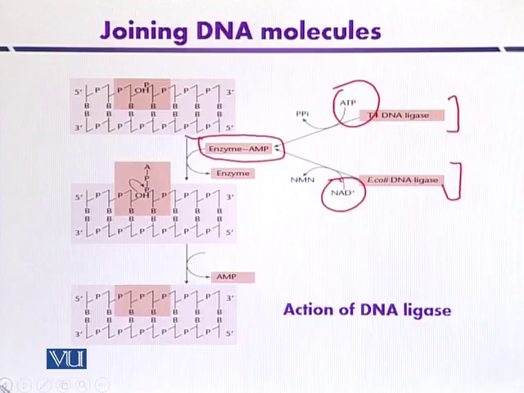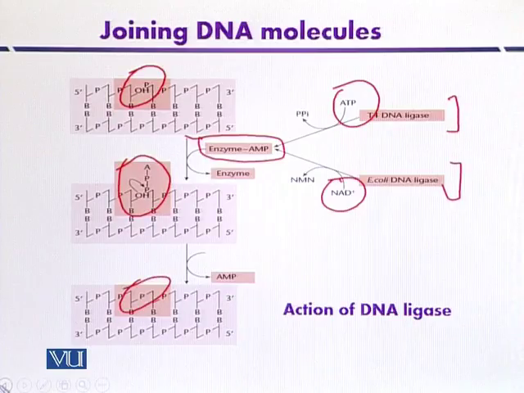So this is the target site, the 5' phosphate and 3' OH group that needs to be ligated so that the phosphodiester bond will be formed. The enzyme will bind here and finally introduce the phosphodiester bond within the DNA molecule.